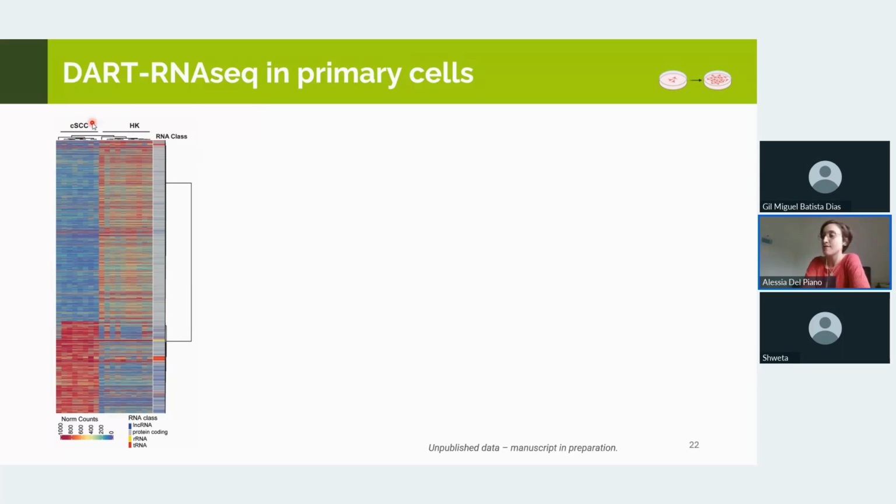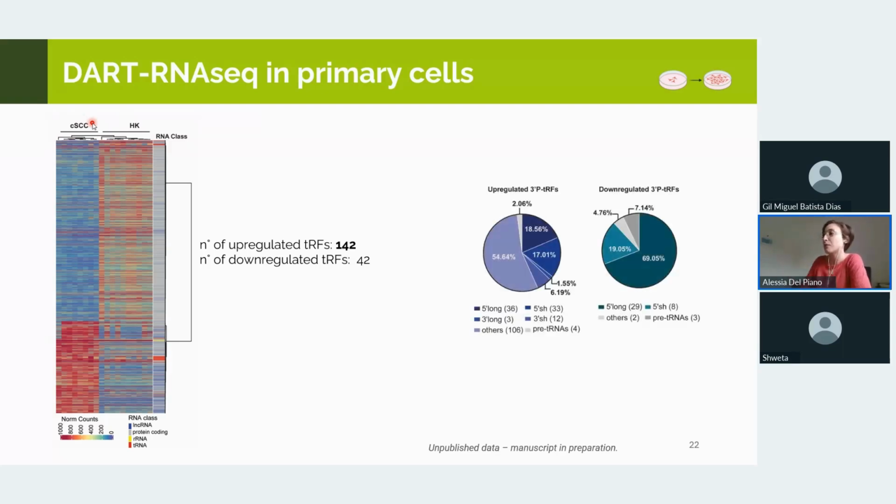Among the RNA fragments that were able to clusterize samples, we also found tRNA fragments up and down regulated. Looking at the type of fragments that we retrieved, we noticed that most of the upregulated tRNA fragments belonged to the internal class or to the 5'half class, while the majority of downregulated tRNA fragments belonged to the 5' long or 5'half tRNA.